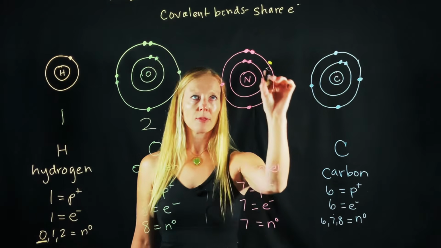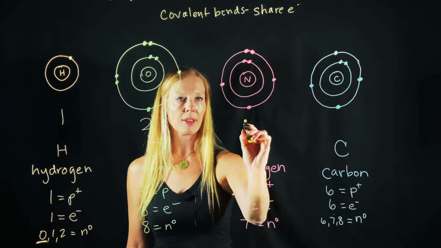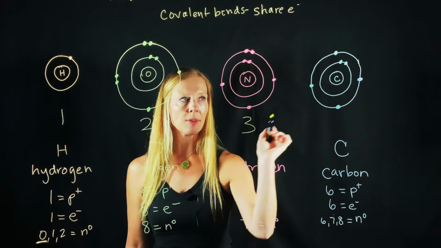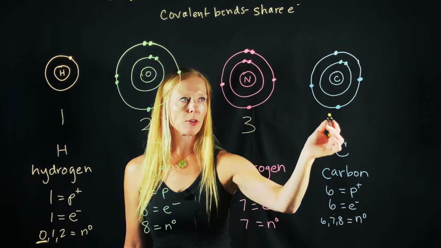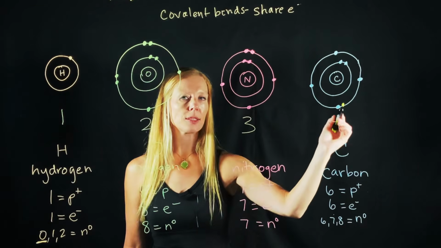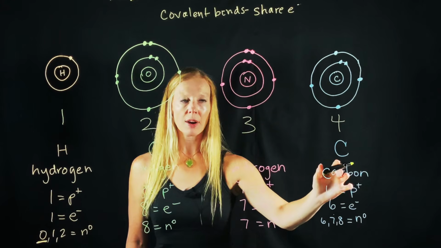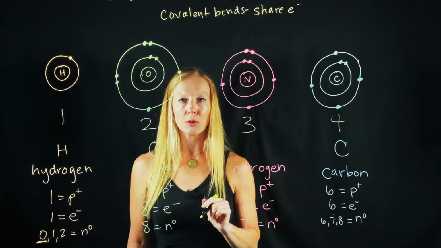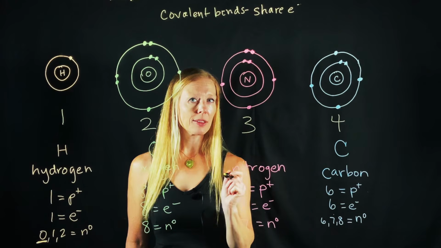Nitrogen, we have 5 electrons in the outer shell, but the outer shell has a max capacity of 8, so we are missing 3. And finally, carbon, the secret sauce to all biological macromolecules, has 4 electrons in the outer shell, but it needs 8, so it is missing 4. And this 1, 2, 3, 4 is how many covalent bonds each of these can form. We'll talk about covalent bonds a little more next time.